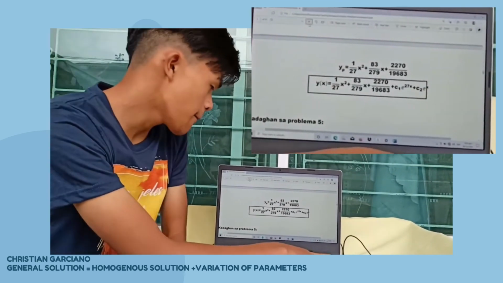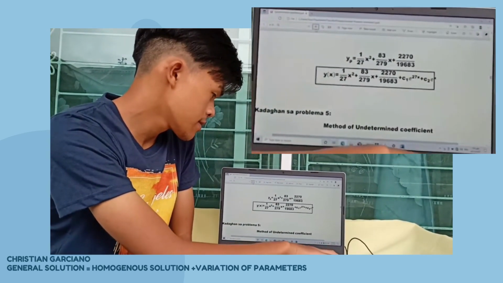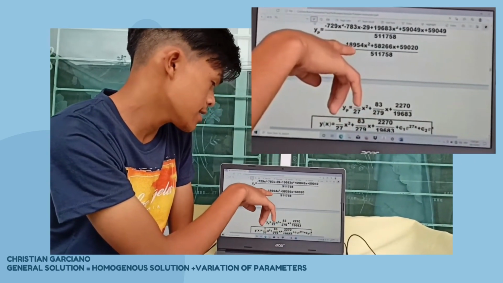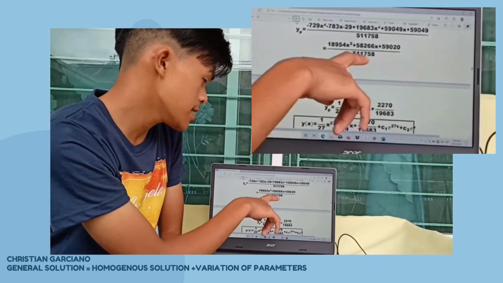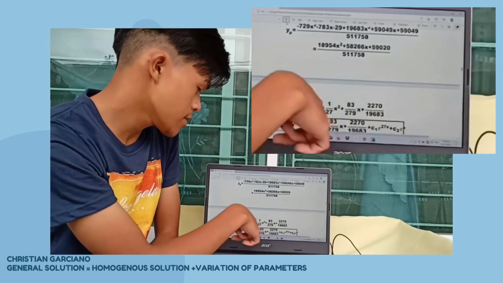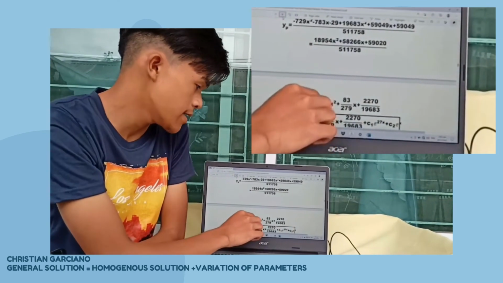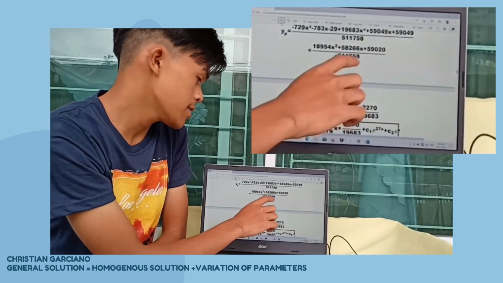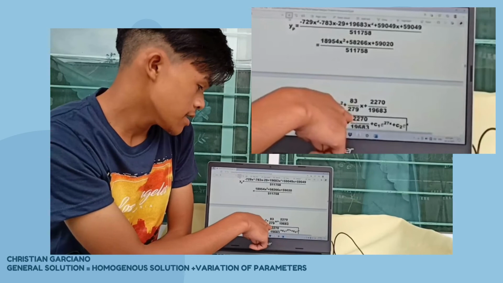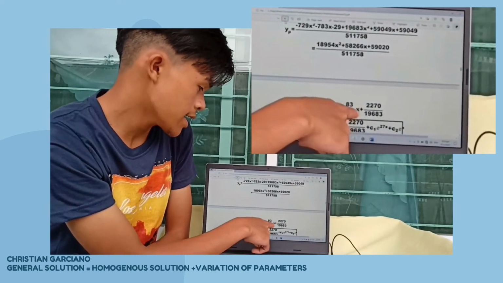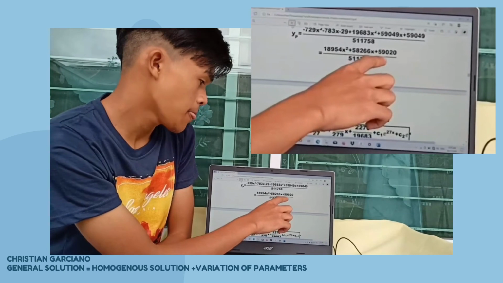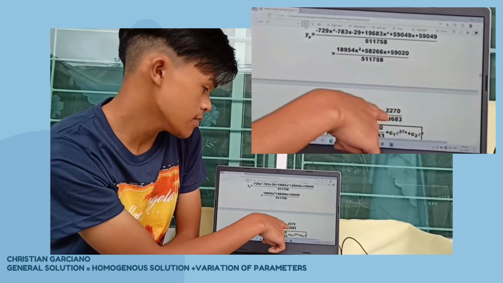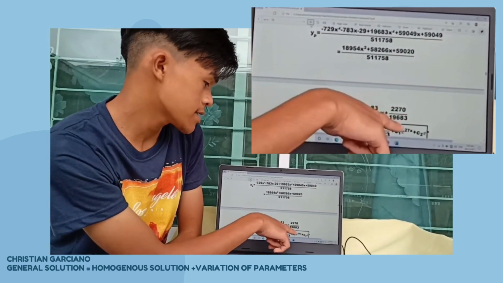Next, we will simplify now. So 18954 over 511758 equals 1 over 27 x squared, and then 58266x over 511758 equals 83 over 279x, and lastly 59020 over 511758 equals 2270 over 19683.